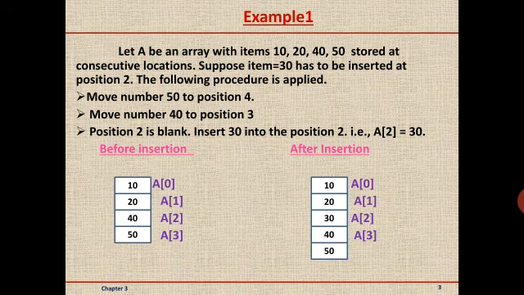Second step is A[p] = item, and third step is n = n + 1, and fourth step is exit. Here this algorithm is important for 3 marks. Remember students. So n is the total number of elements here, p is the position, and A is the name of the array.